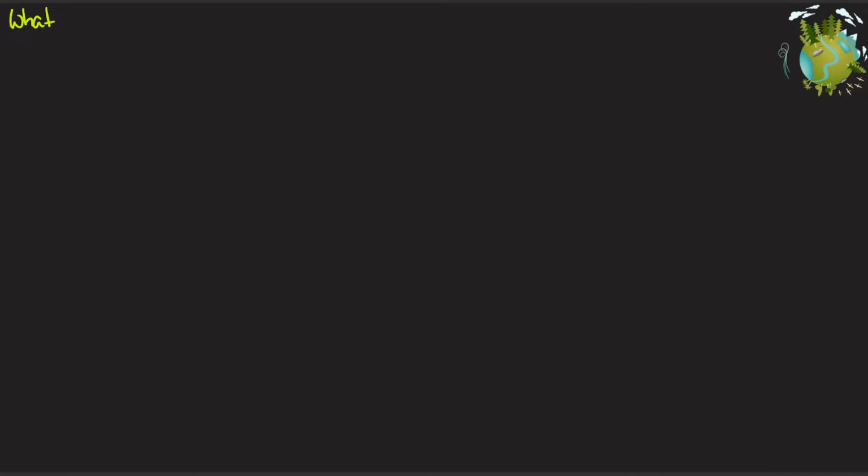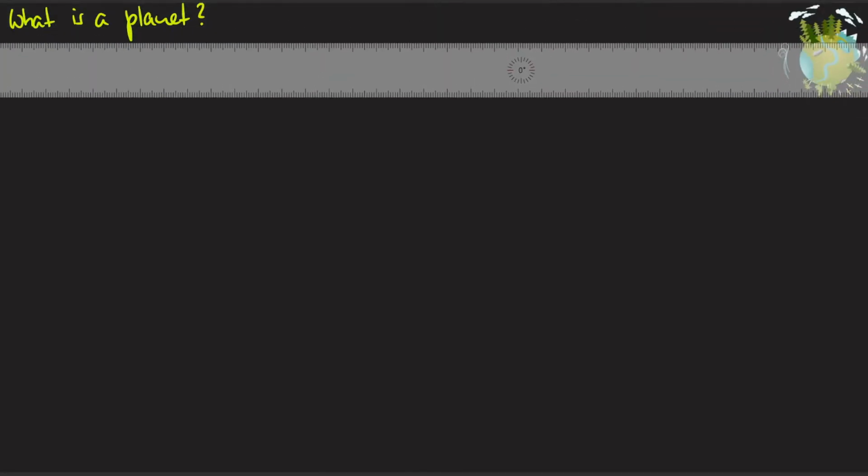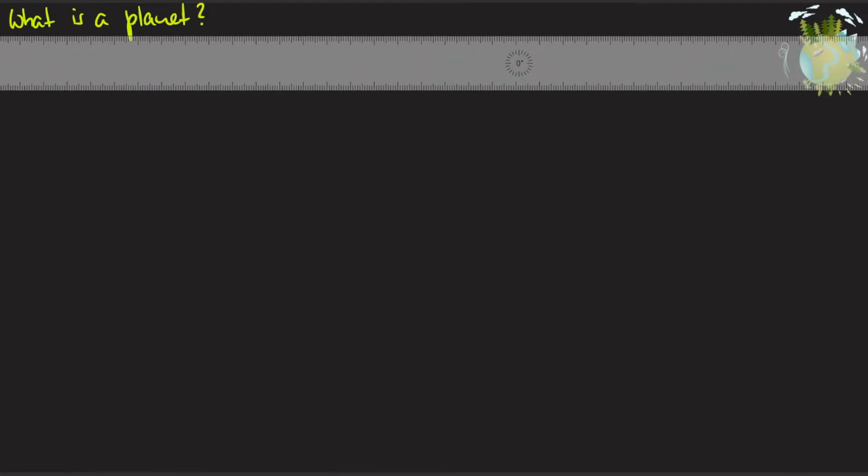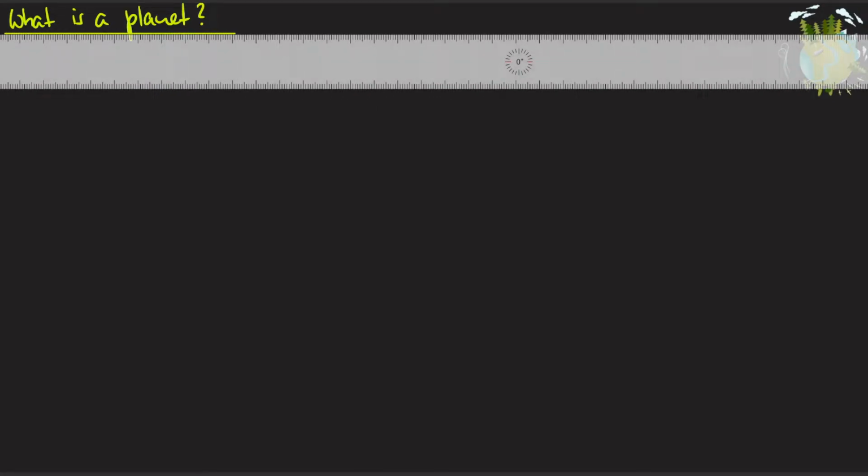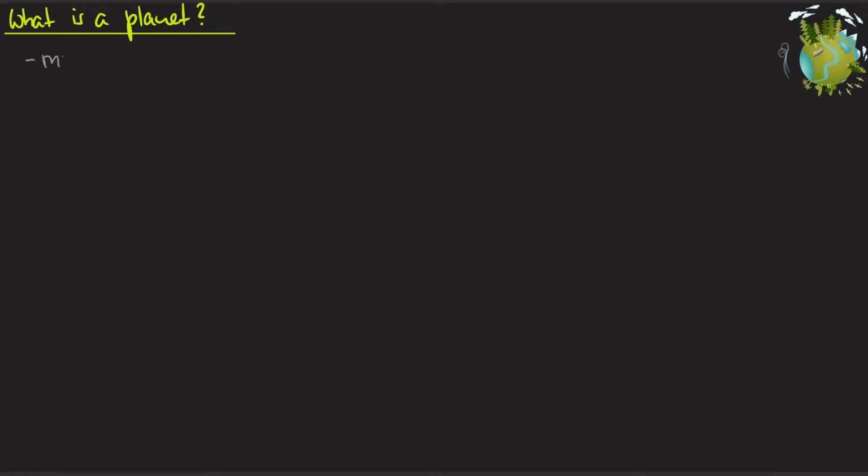Okay, let's first talk a bit about what qualifies a planet to be a planet. Yeah, we know since Pluto that there's some kind of check marks. It's basically just a definition. So the first point is it must orbit a stellar object, of course.